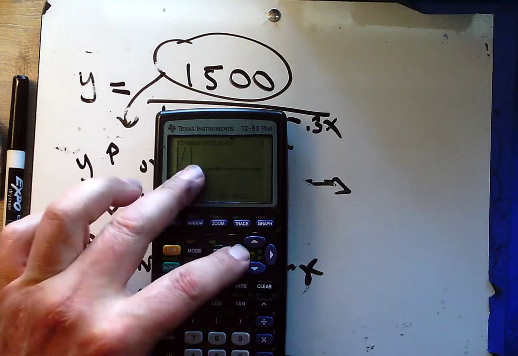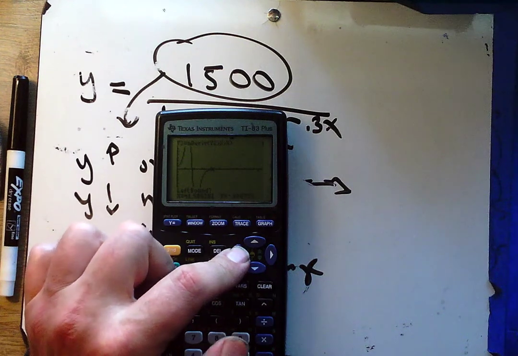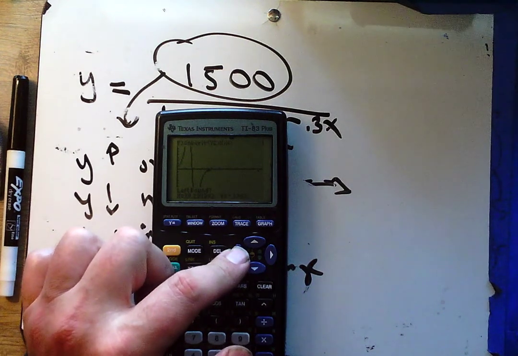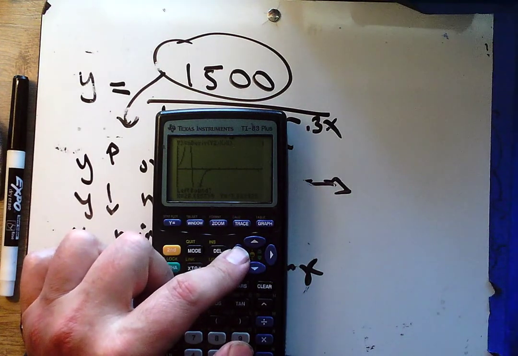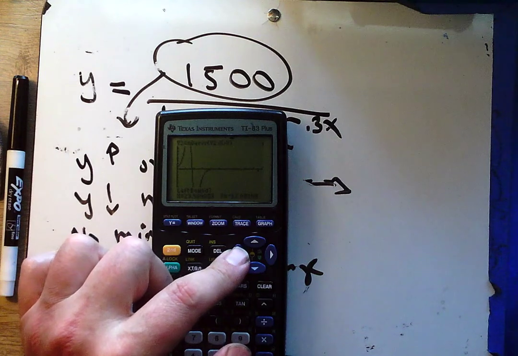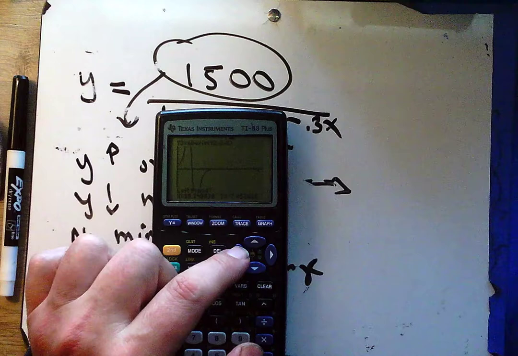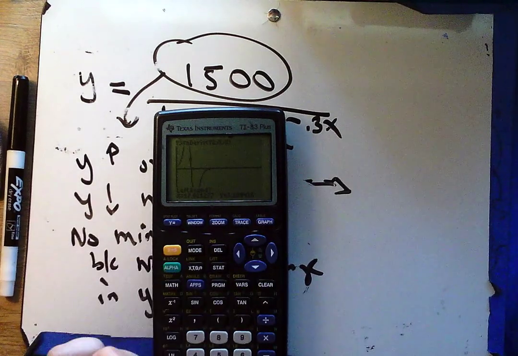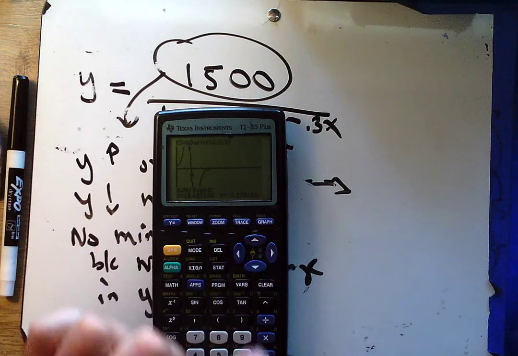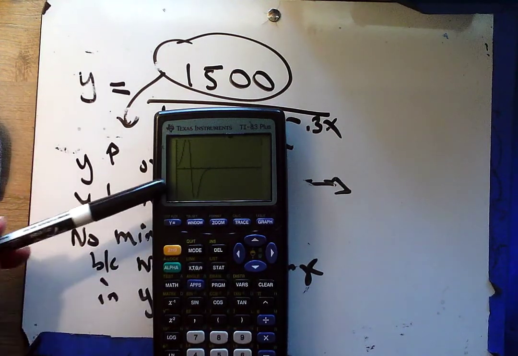And our 0 is over here, not here. Did I get positive yet? Still negative. There we go. Enter, enter, enter. So, what do we see here?